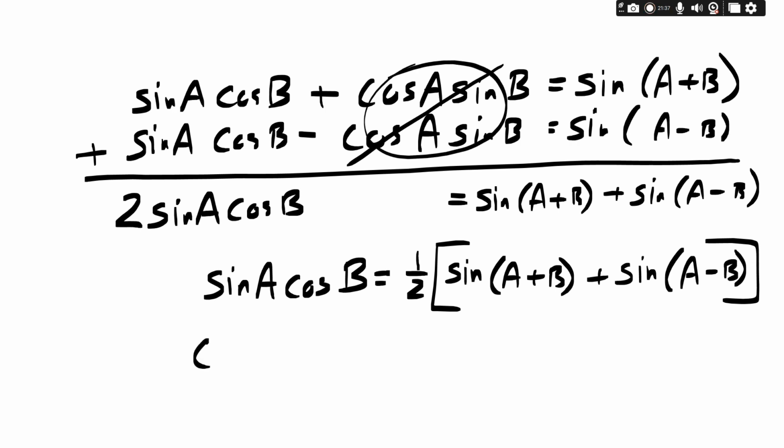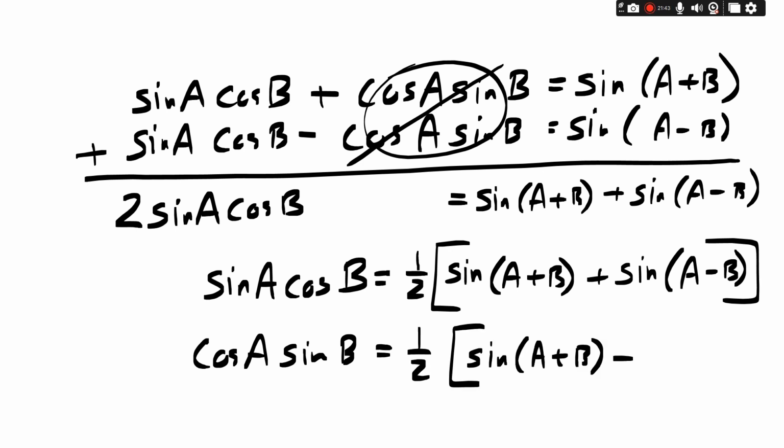All right, if you were to subtract these guys, you would get this, cosine of A sine B. So let you write that down. If you were to subtract these two, then the front ones cancel. And the middle is actually double.